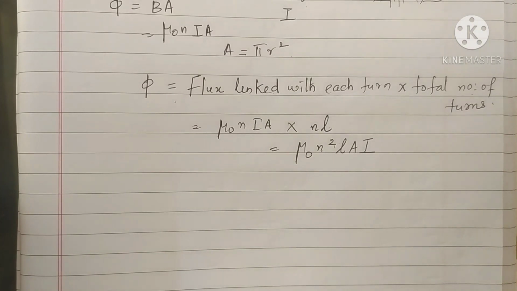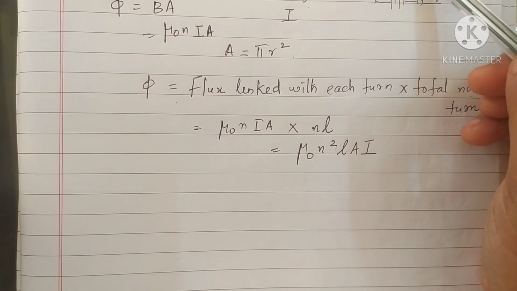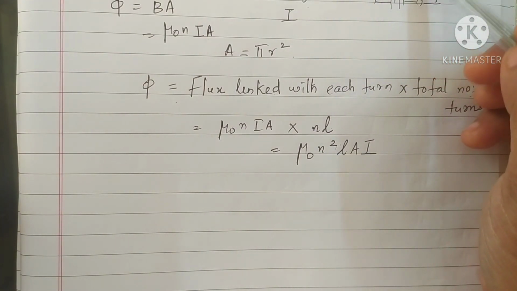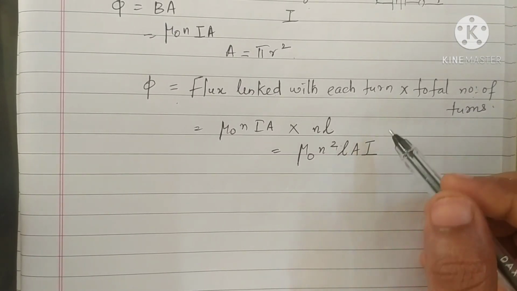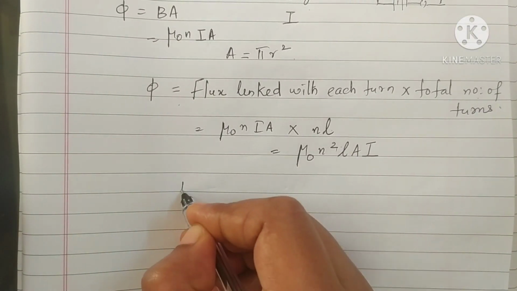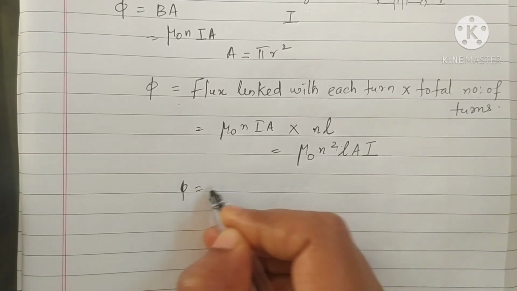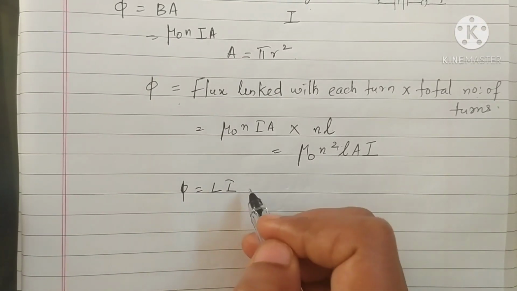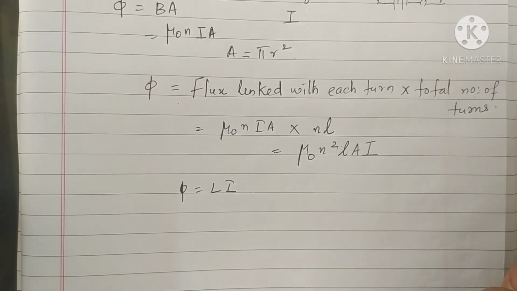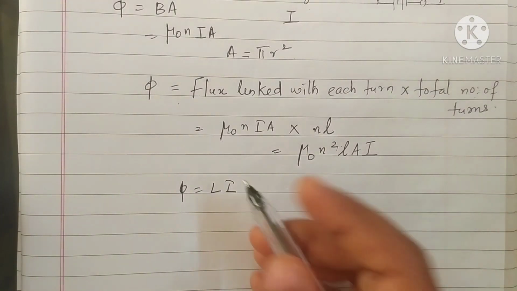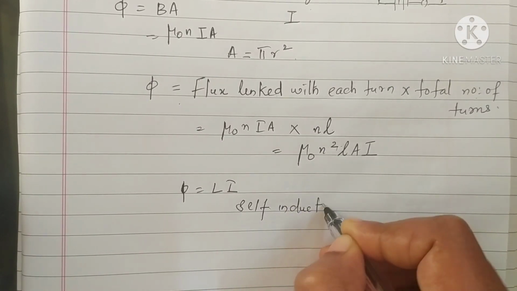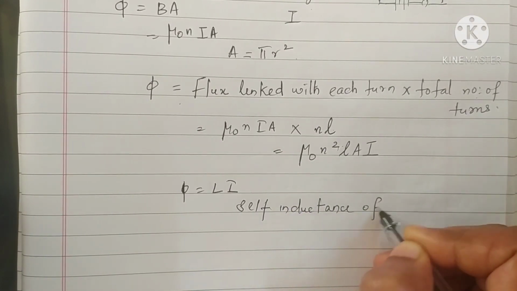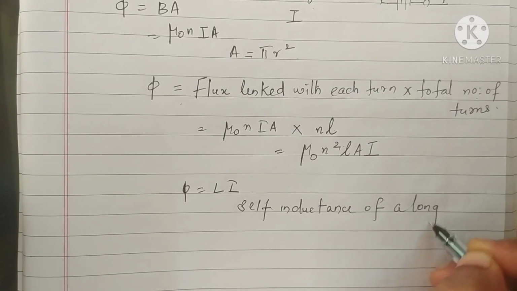Also here, as there is a change in the magnetic flux, induced EMF will be set up inside by the coil itself. So there will be self-inductance of this long solenoid. Self-inductance is given as phi is equal to L into I. So how can you write the expression for the self-inductance of a long solenoid?